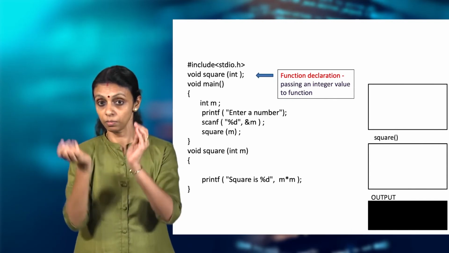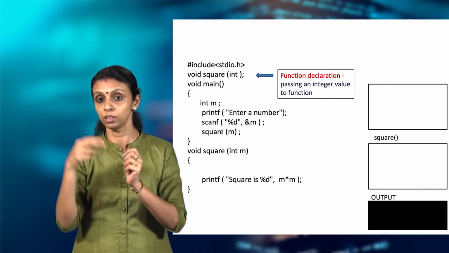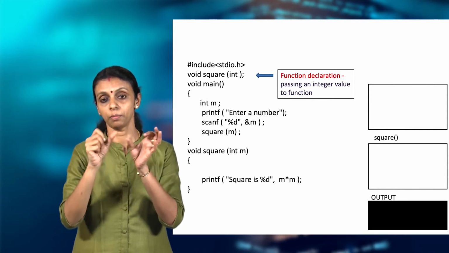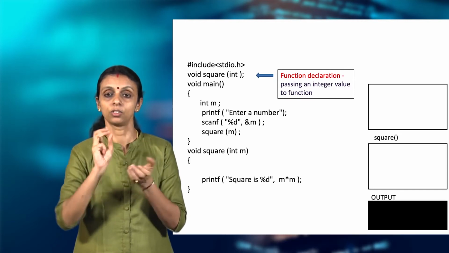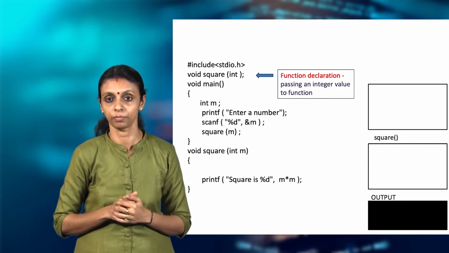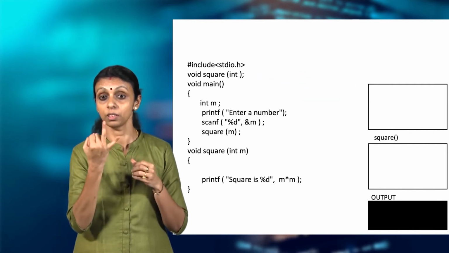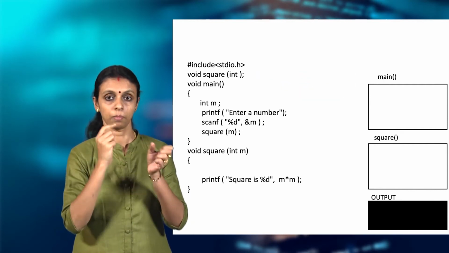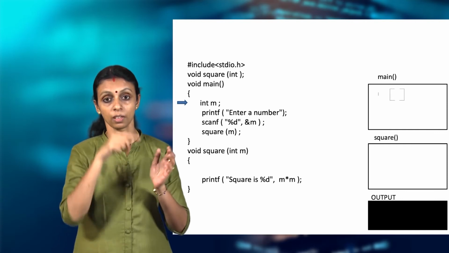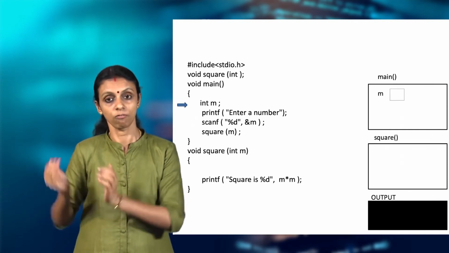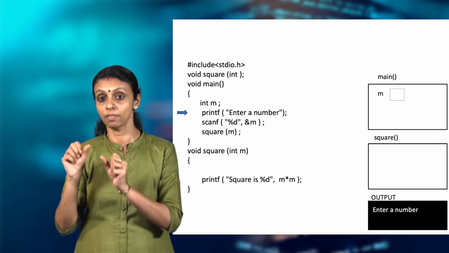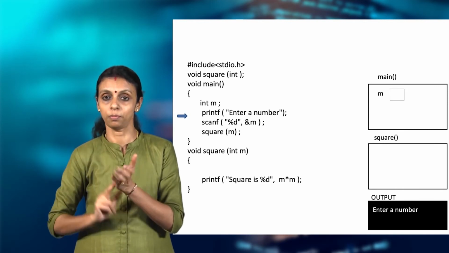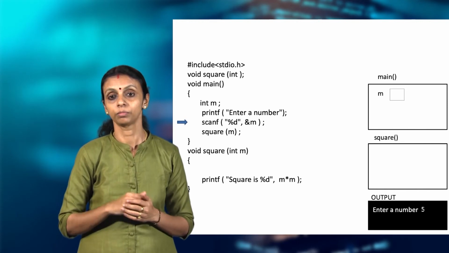This value in brackets is known as parameter or argument. We are accepting value of number in main, then passing that value to the function as argument when we call the function, that is square m.